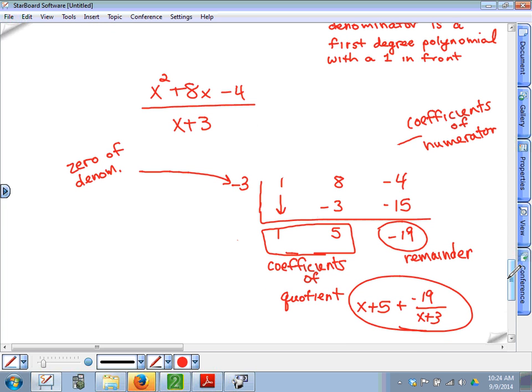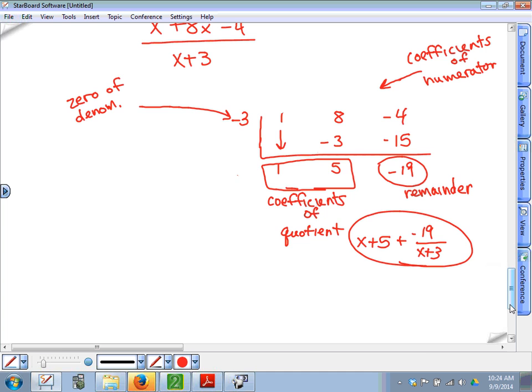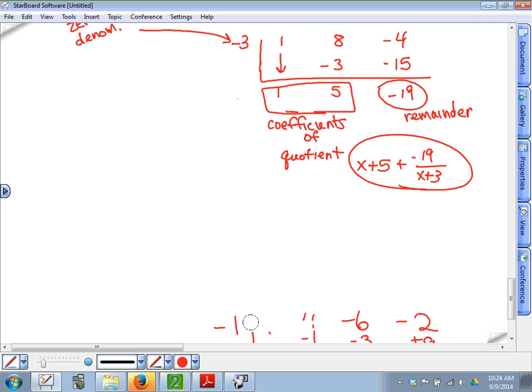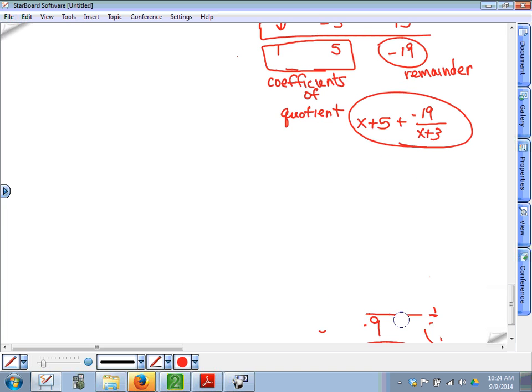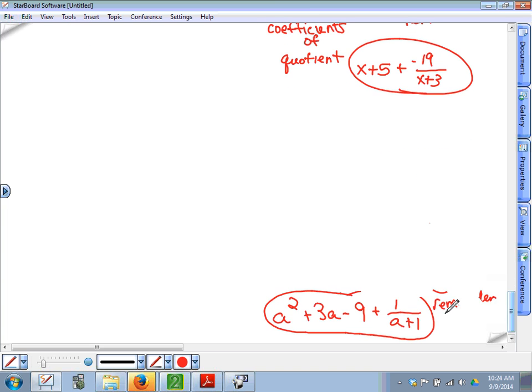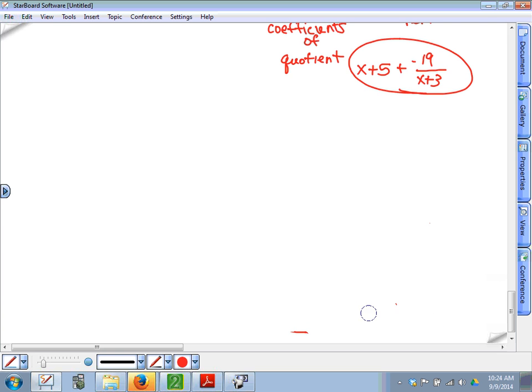So, let's do one more real quick as an example in your notes, and then I'll help you do some of the ones on your worksheet. So, here's another example.